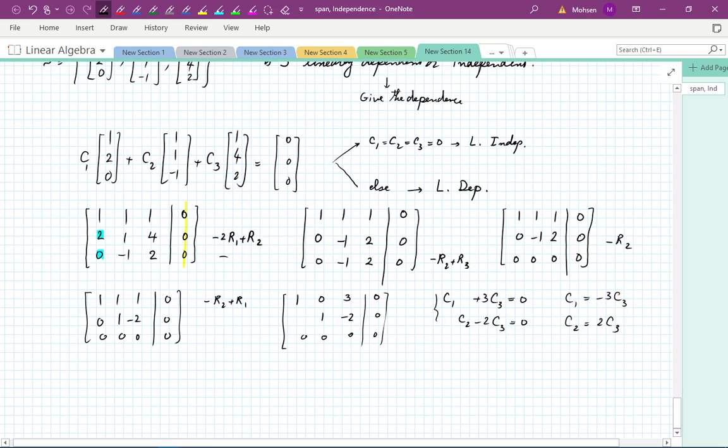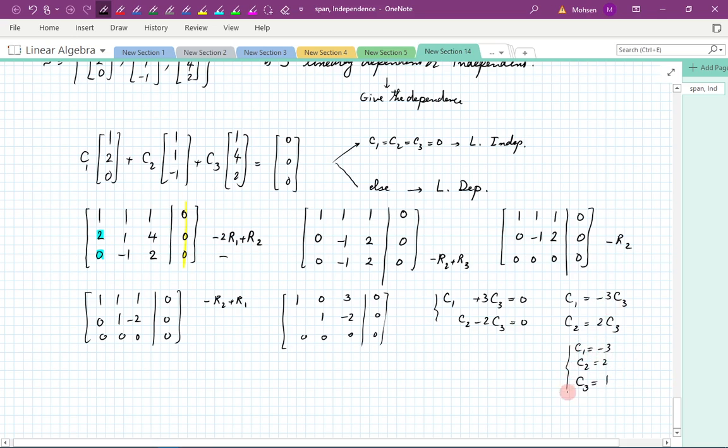So if I go ahead and choose C3 any number, in this case any number other than 0, then C2 will be some number, C1 will be some number, and when those numbers are plugged here, we get a non-trivial combination. For example, if I take C3 to be 1, C2 according to this becomes 2, and C1 becomes minus 3.